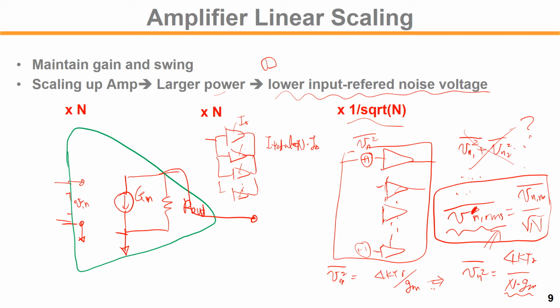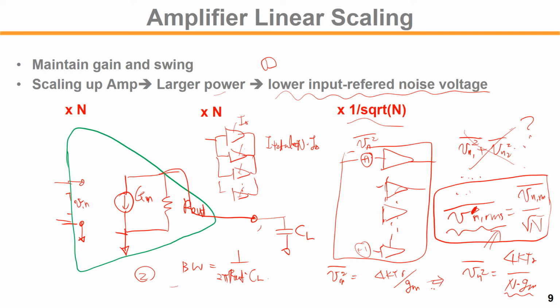The second is that when you have a given load capacitance, the output bandwidth will be determined by 1 over 2 pi Rout CL, in frequency. If you want to increase the bandwidth, then you have to reduce Rout. In that case, you scale up.